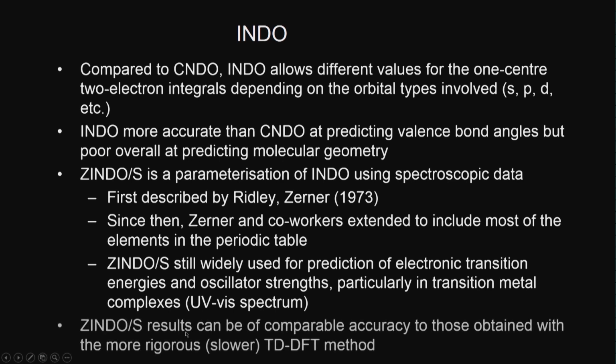ZINDO-S results can be of comparable accuracy to those obtained with DFT, density functional methods, which come under the ab initio category. That is the beauty of this type of method if you have transition metals in your molecules.